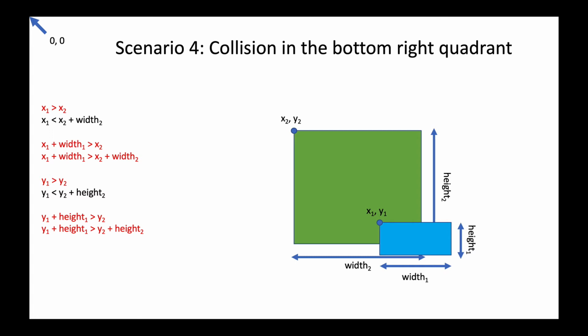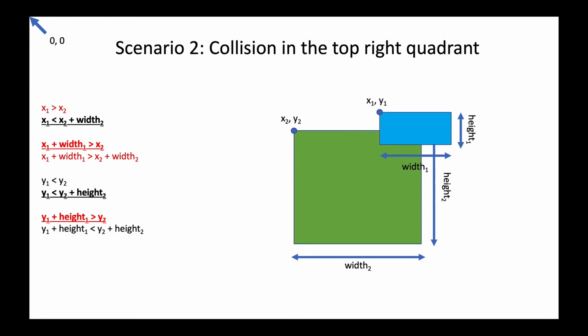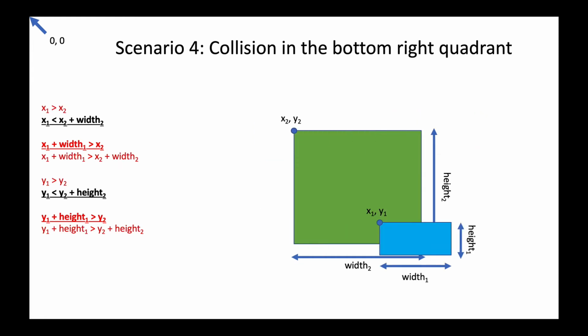It turns out, in all 4 scenarios, that some statements never changed. In other words, all 4 scenarios share some statements in common every time. And I'm going to show you now by highlighting the 4 statements that never change from scenario 1 to scenario 4. Here I have underlined and bolded the 4 statements that don't change. And I'll just go through those again.